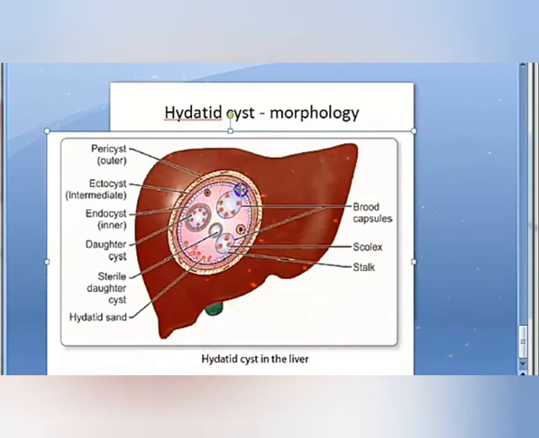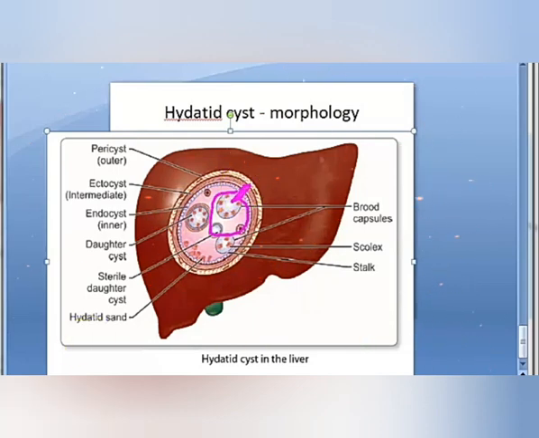From the germinal layer, small knob-like gemmules protrude into the lumen of the cyst. These enlarge, they become vacuolated and filled with fluid. These are called brood capsules. So they protrude from this germinal layer.